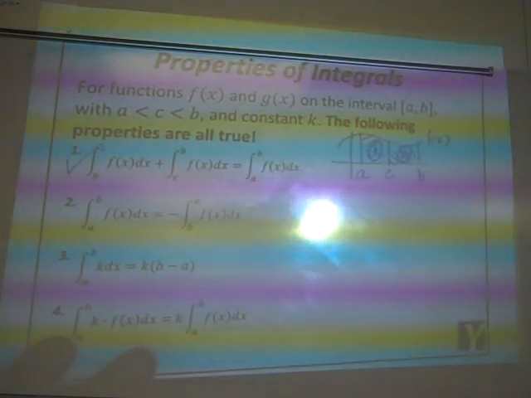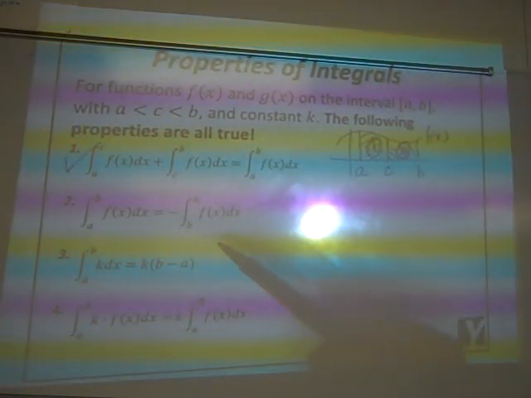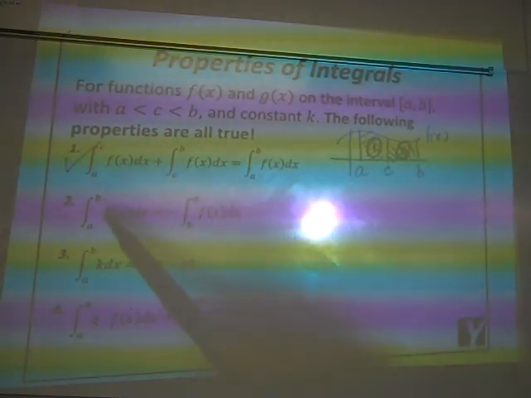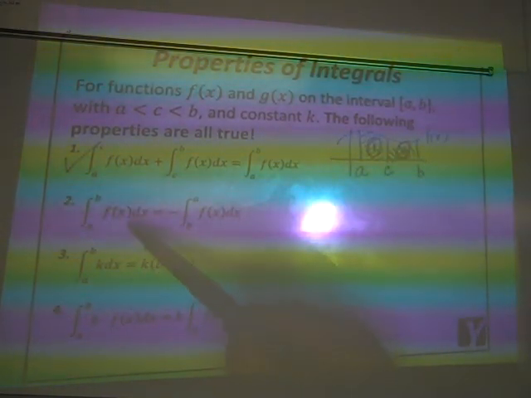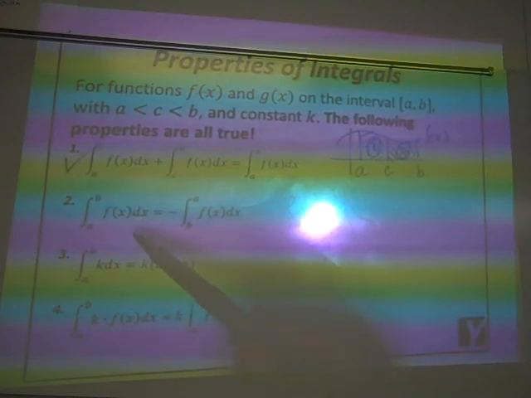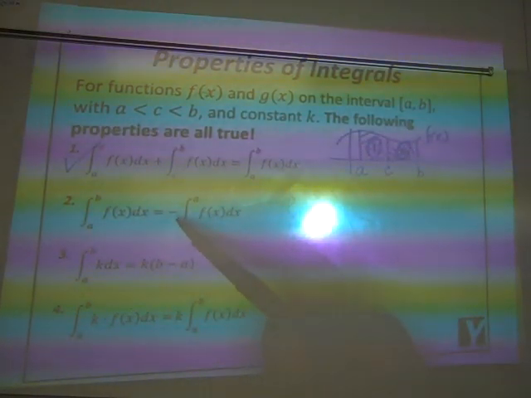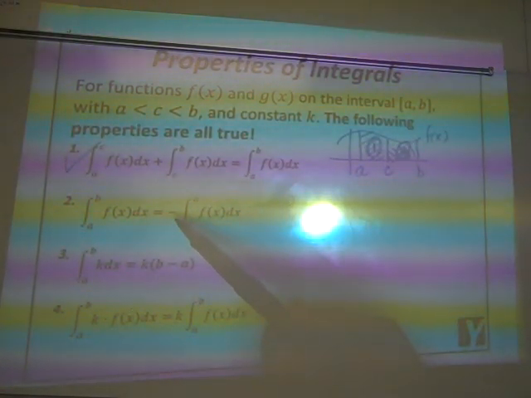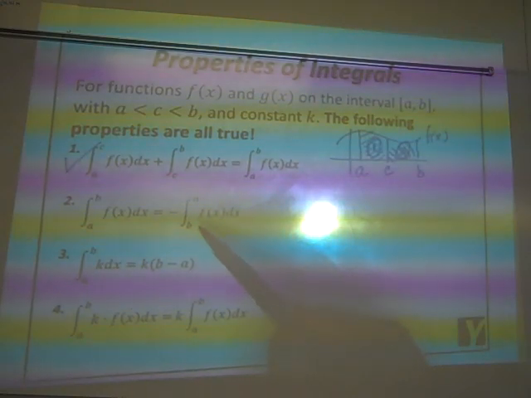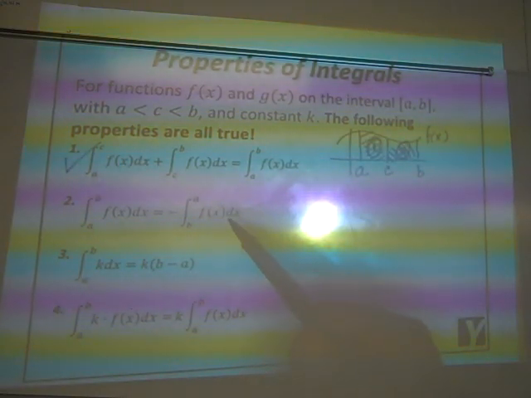Okay. Number 2, here's the second one. The definite integral from a to b of f of x dx is actually equal to the opposite. So it's the negative of the definite integral from b to a, f of x dx.